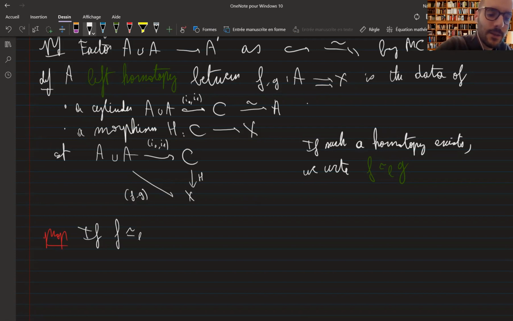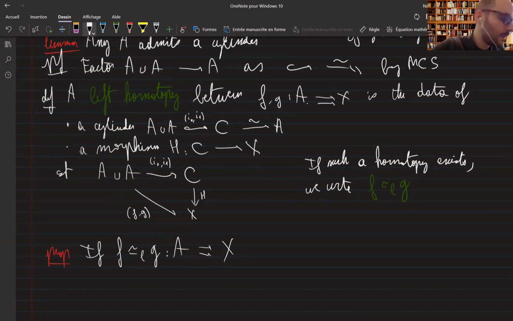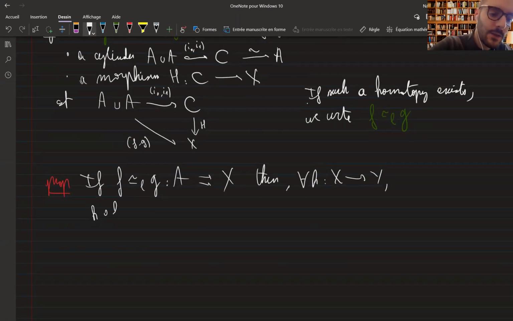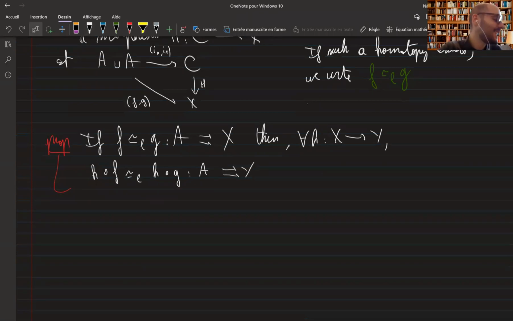So if F is left homotopic to G, all right, then for all H from X to Y, H circle F is left homotopic to H circle G from A to Y. Right? So this sounds obvious. It's not. So in topological spaces or chain complexes, it is obvious, but not here. Well, okay, this one is not the hardest one.